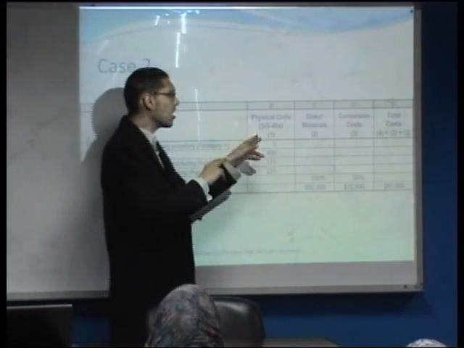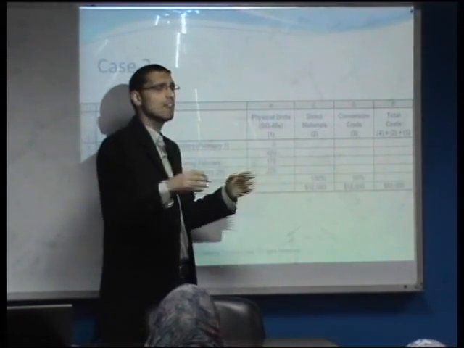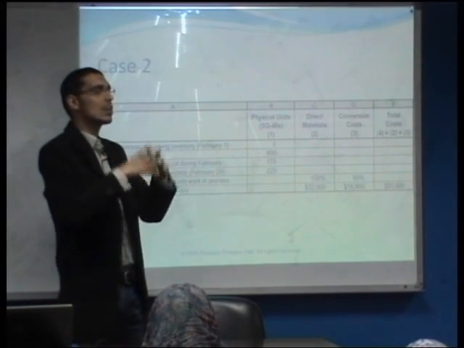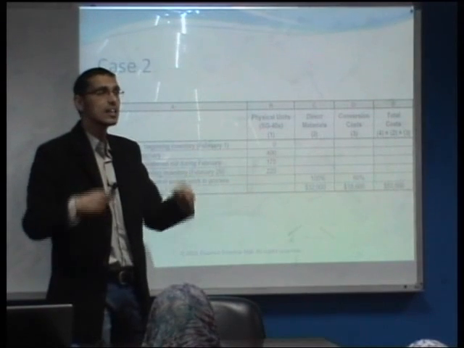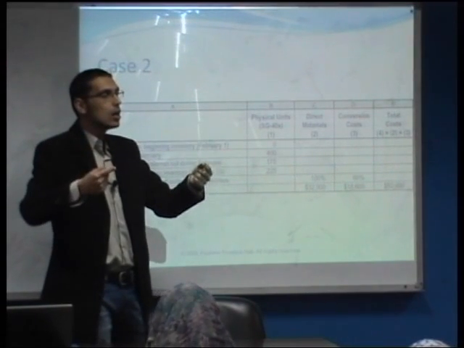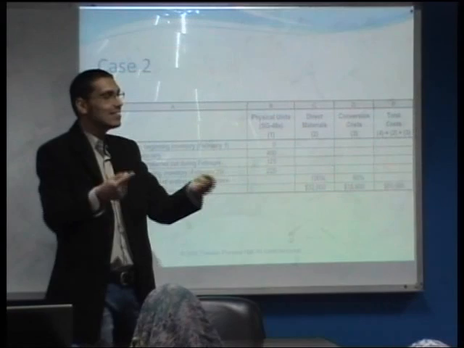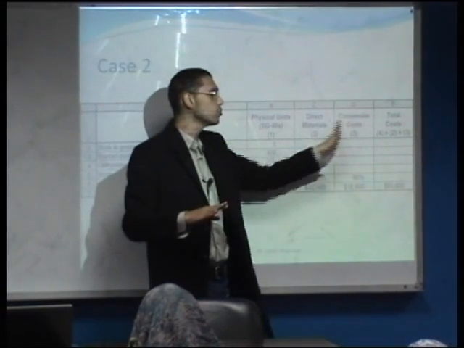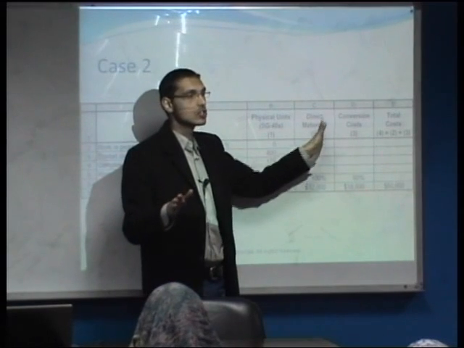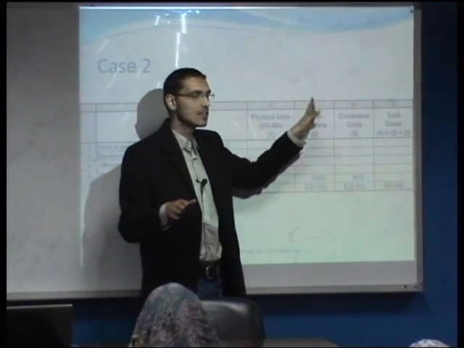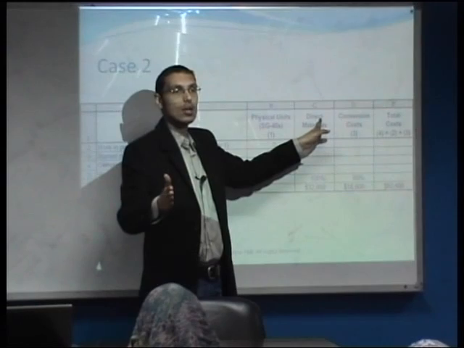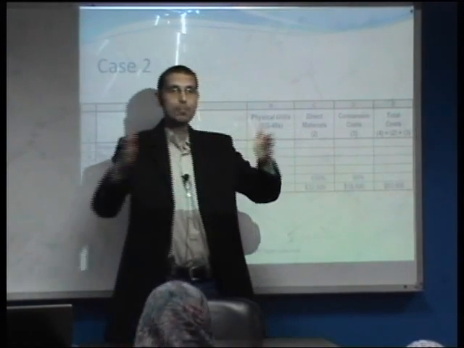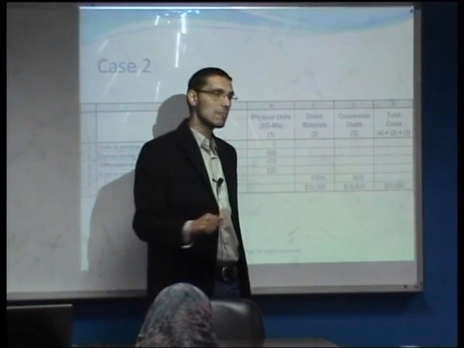These are the two categories that we have, and as we said in the first lecture, we categorize costs according to when costs are added within the manufacturing process. Therefore, according to our illustration, we would only have two categories: the direct materials, which are added at the beginning, and the conversion cost, which is added evenly throughout the manufacturing process.